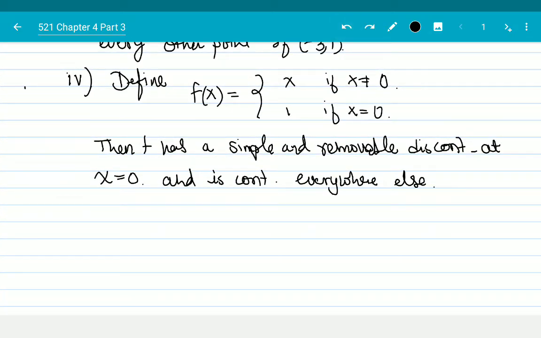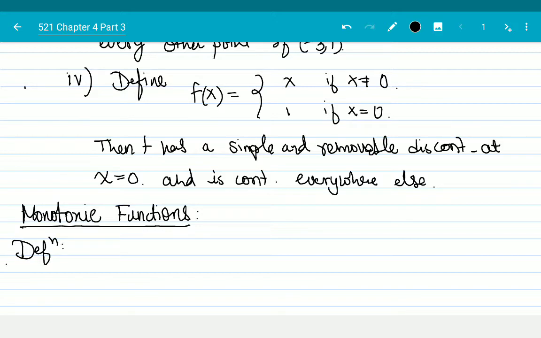So now let us look at what are called monotonic functions. Definition.